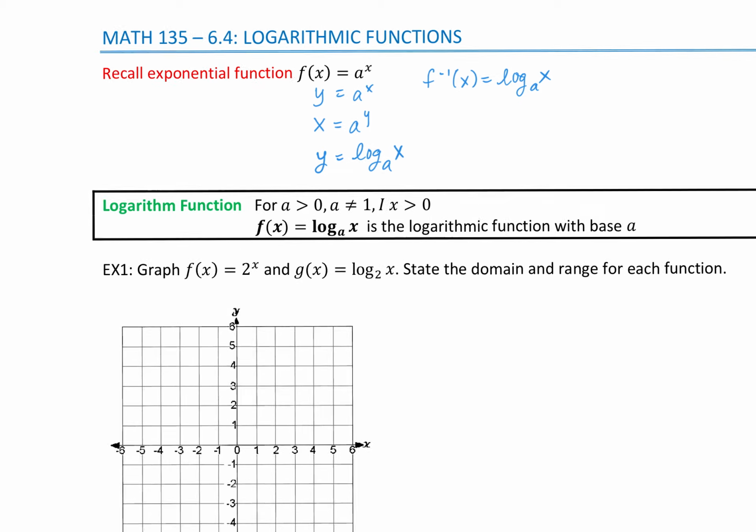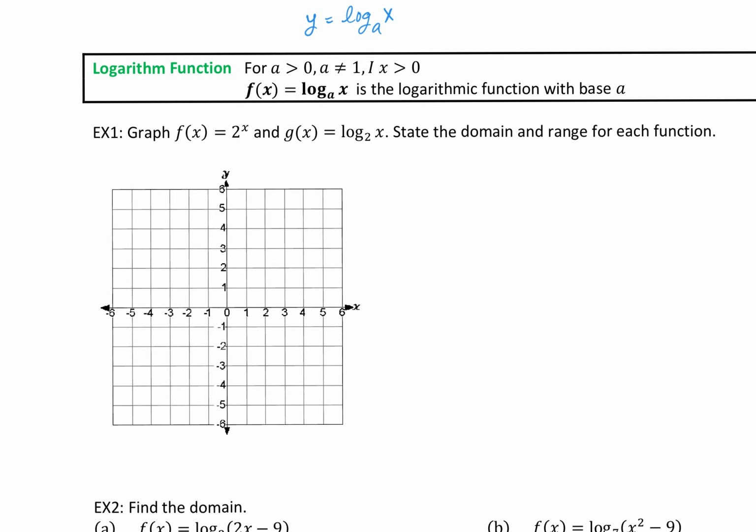And then this brings us to our log function, which says for a base that is not only positive but not equal to 1, again, positive makes it a function, not equal to 1 makes it a one-to-one function. And here I have a little typo there. There's that weird I. It shouldn't be there. It should just be x greater than 0.